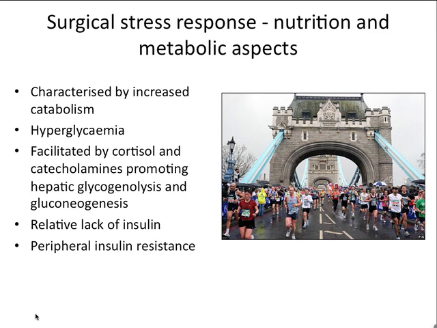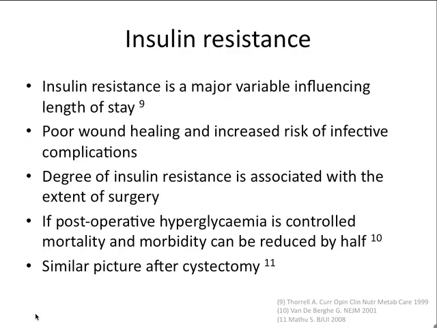There is also a relative lack of insulin. Again, catecholamines inhibit the production of insulin from the pancreas, and there's also a peripheral insulin resistance, which is due to a defect in the insulin receptor intracellular signaling pathway. So insulin resistance includes this lack of insulin, this resistance, and also this hyperglycemia.